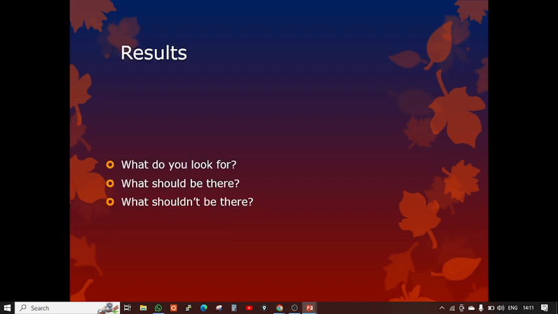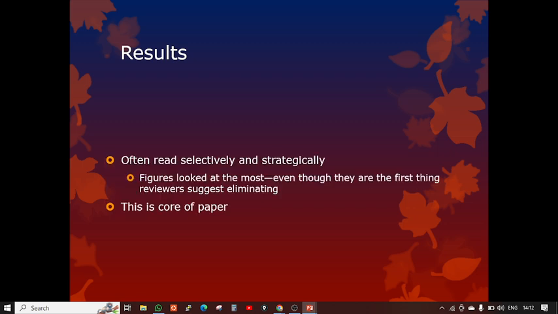You have to clearly mention what you looked for, what should be there and what should not be there. If you are looking for some particular expectation, or trying to prove some particular hypothesis, then what should be included and what should not be there should all be covered in this section.